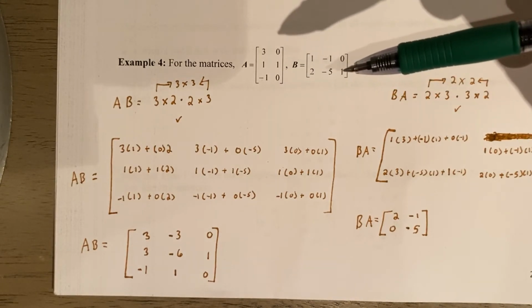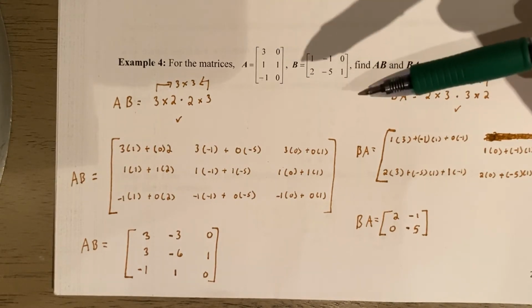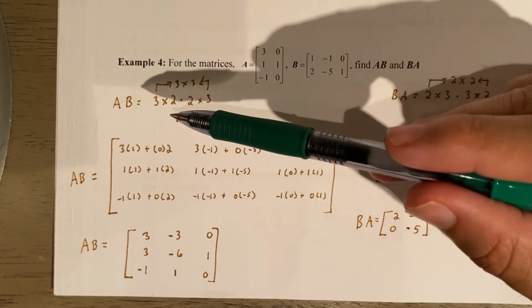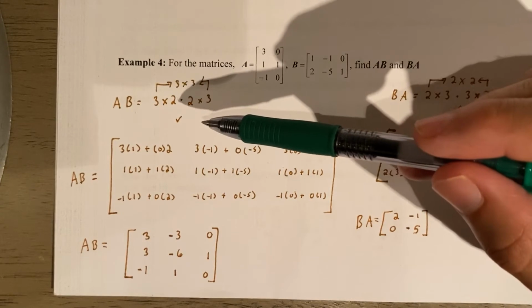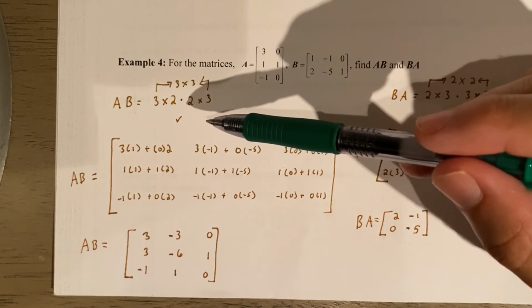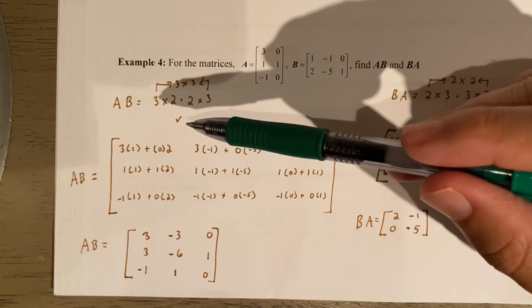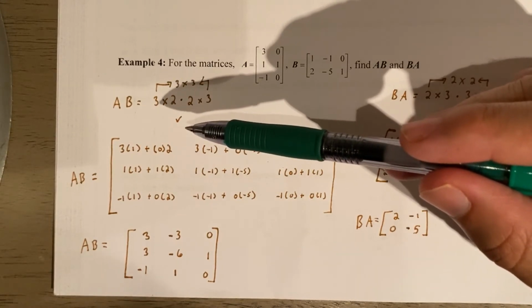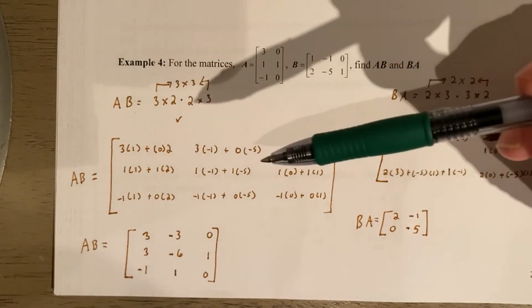Matrix B is defined by 2 rows and 3 columns. If I'm going to do A times B first, the middle has to match. 3 by 2 times a 2 by 3, I have the 2's on the inside, and so the matrix formed is going to be a 3 by 3, a square matrix.